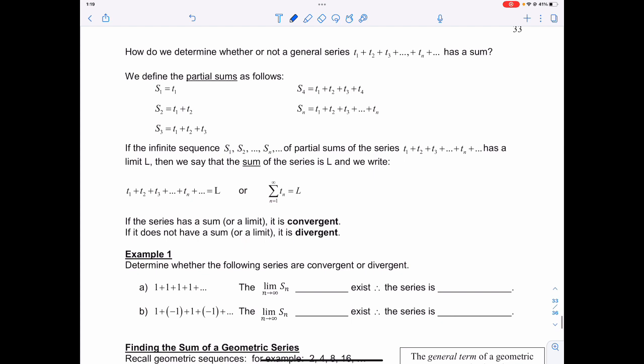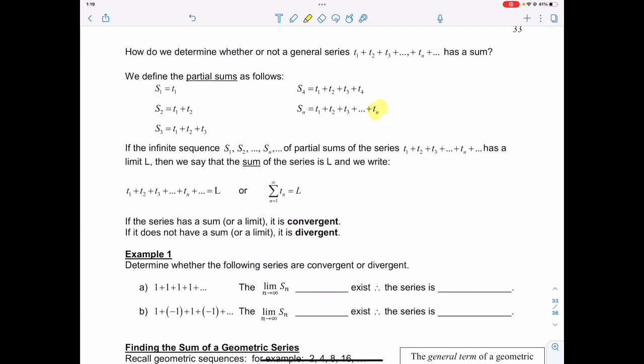So how do we know whether or not it has a sum? We can define the partial sums as term 1, then term 1 and term 2, then term 1, term 2, term 3, so on and so forth, all the way up to whatever the last sum is.